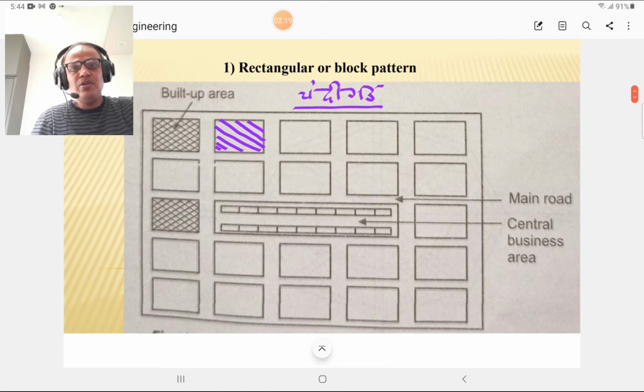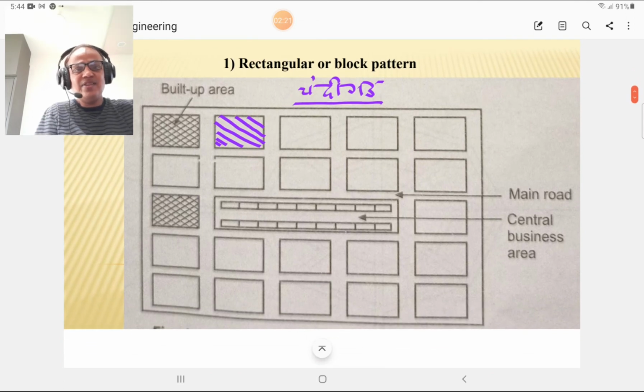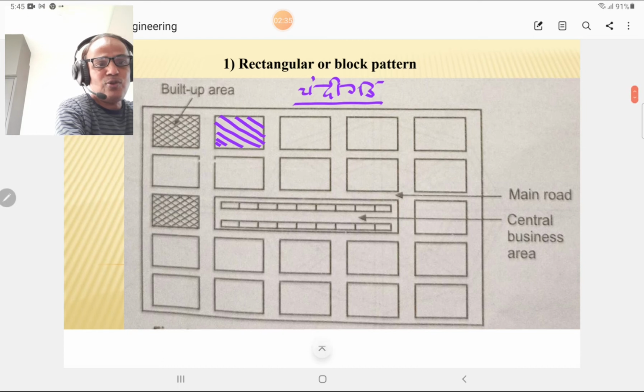First of all, look at this figure. This is the rectangular or block pattern. The whole area of the city is divided into a number of rectangles, and the areas between these rectangles are the main roads or secondary roads. Please look at this figure.